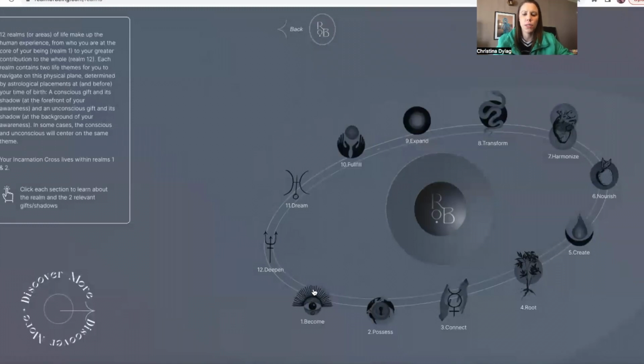Realm 1 is you as a being in the world, and realm 12 is oneness, you merging with the collective and that essential oneness that is love, the whole of who we are.